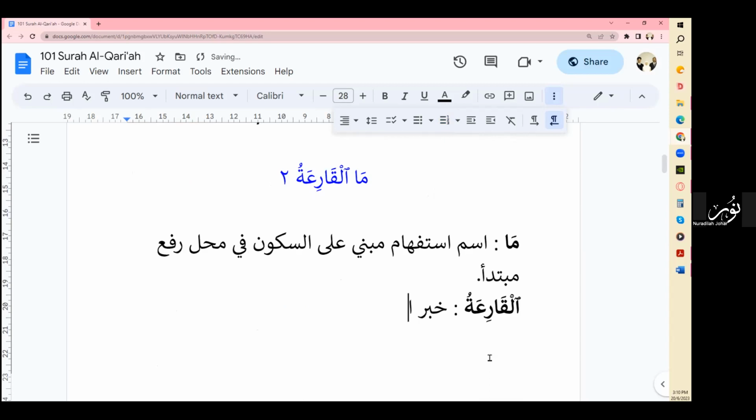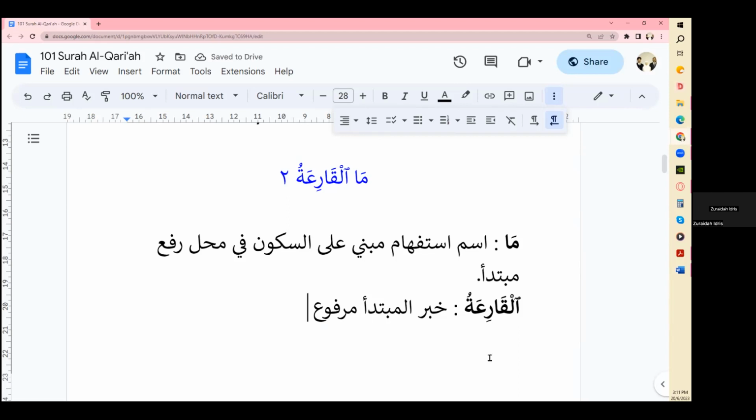Usually in a question, when you have ma followed by a ma'rifah word, the ma is khabar muqaddam, because when you answer, Al-Qari'ah is mubtada, and whatever follows it is the khabar. So the answer is the khabar. But there are always two options for this.